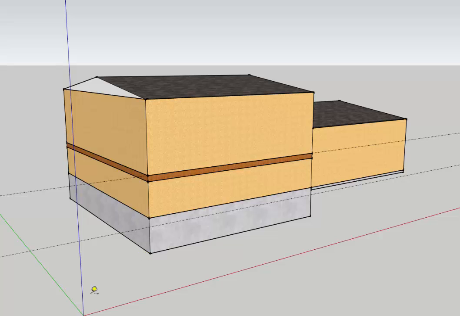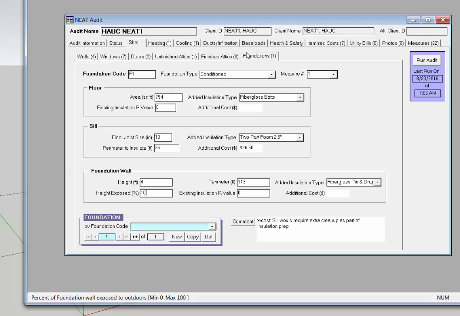your foundation. Now, the next question is, well, if I'm looking at this foundation separately, then why would I put anything about the floor in there? Because you've got this foundation and it says what's your total floor area and what's the R value of it, and how's it insulated, and do you want to insulate it?